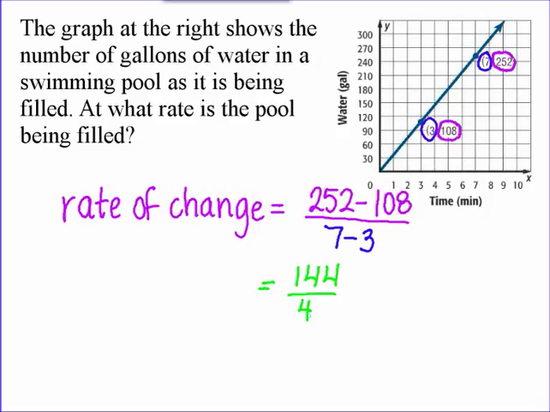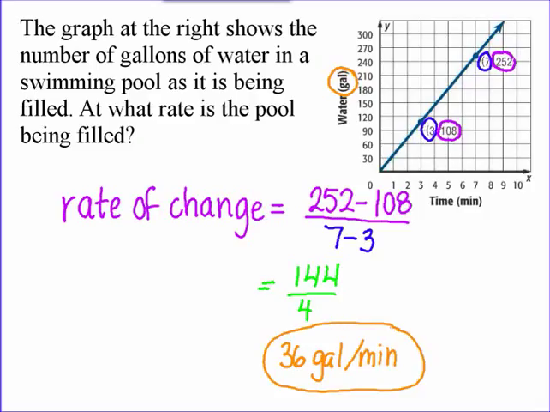If I take 144 and divide by 4, I get a total of 36. Now it says at what rate is the pool being filled? So 36 gallons per minute. When you think about that, that's like a gallon every 2 seconds.